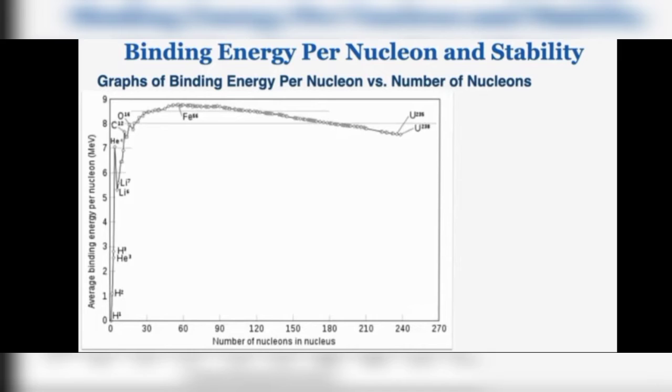Now, in the graph, iron has the highest binding energy per nucleon as 8.8 mega electron volt. So it is the most stable element, and beyond the 80 mass number, the graph starts to fall and falls up to uranium, which has the binding energy per nucleon as 7.6 mega electron volt.